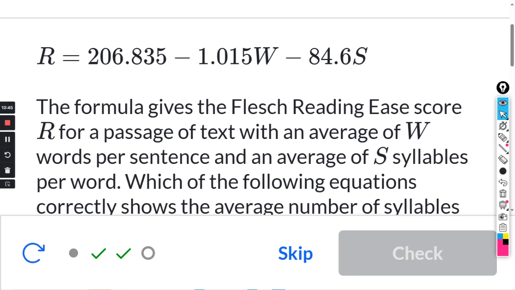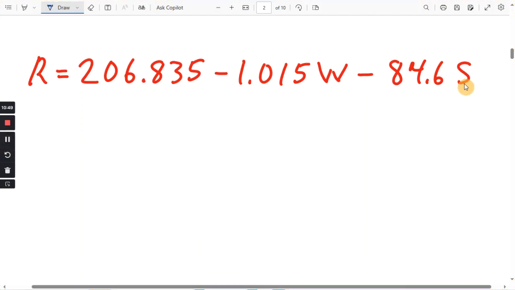All right, let's take this and solve for S. Remember I said I like to keep the coefficient in front of the variable positive. So I'm going to get this term on the left-hand side and make it positive. The opposite of negative 84.6 S is positive 84.6 S.